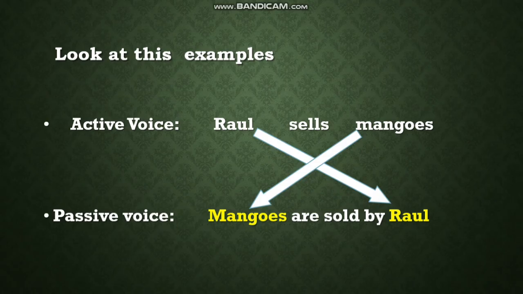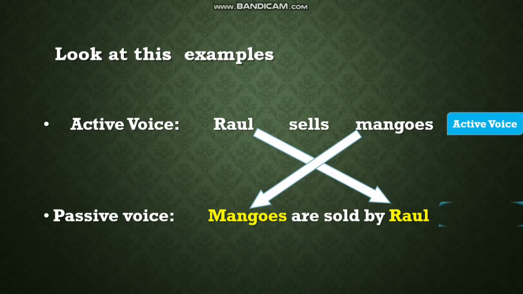When you see the way they exchange their position, they make this sign of X, hence the name X rule. That means the subject becomes the object, and the object becomes the subject.